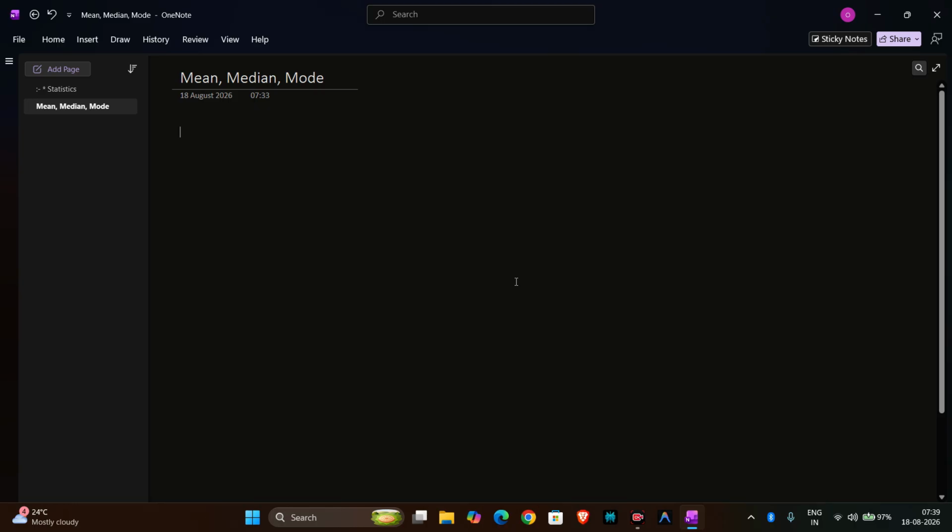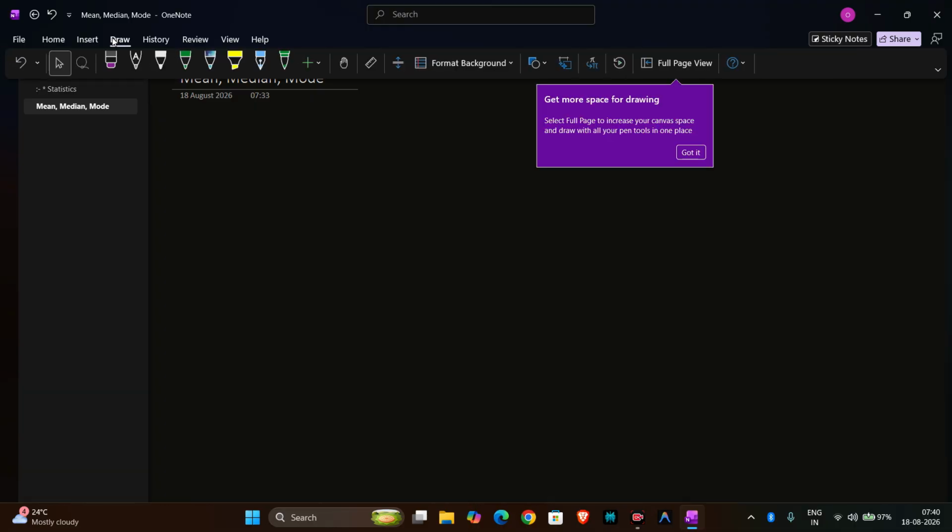In this session, we will cover measures of central tendency, one of the most fundamental ideas in statistics and data science. We have three: mean, median, and mode.